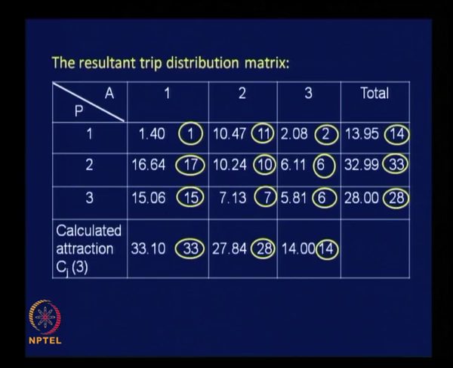Also, please check the logic of rounding off of all the cell values starting from 1 1, 1.4 rounded off to 1, 10.47 rounded off to 11, 47 becomes 0.5, then it becomes 11, and 2.08 gets rounded off to 2.